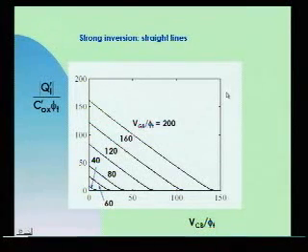But first, I'd like to show you the behavior of the inversion charge density given by this expression. If I solve numerically the surface potential in terms of VG and VCB, the behavior is like that.